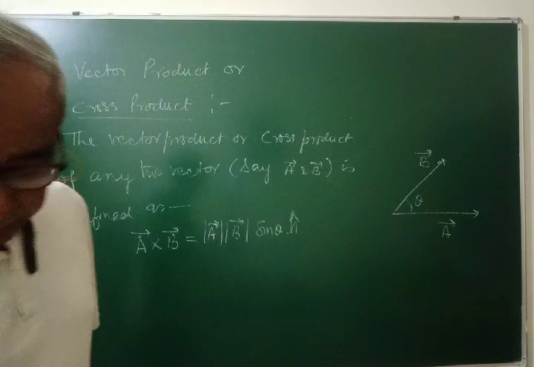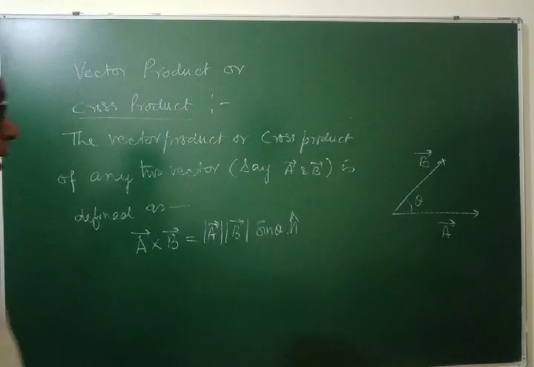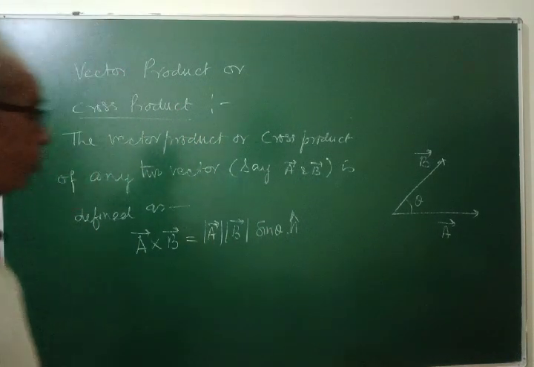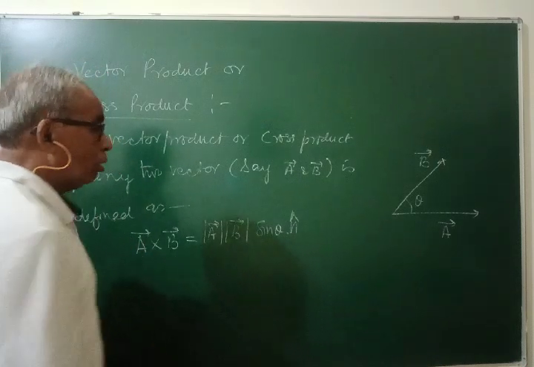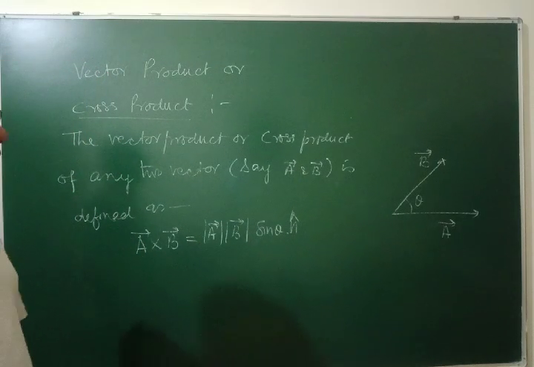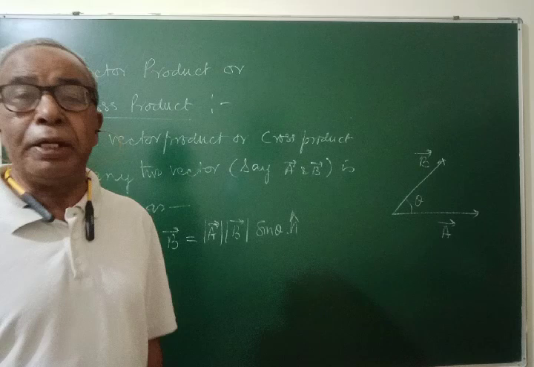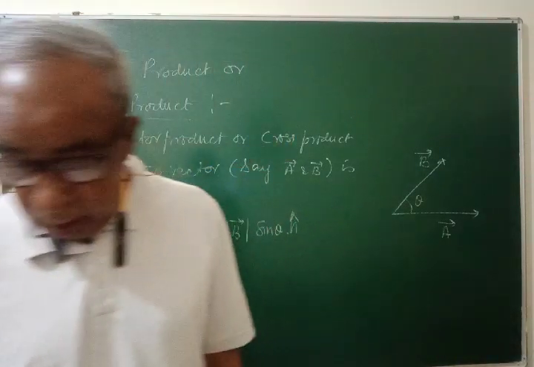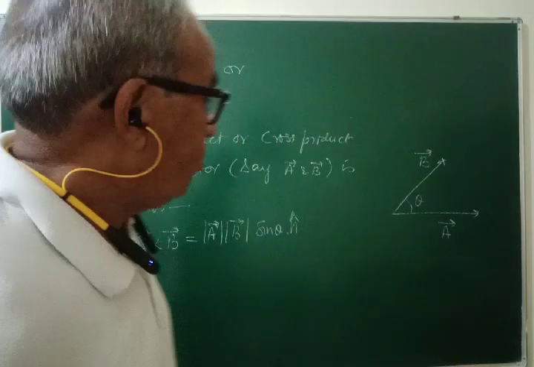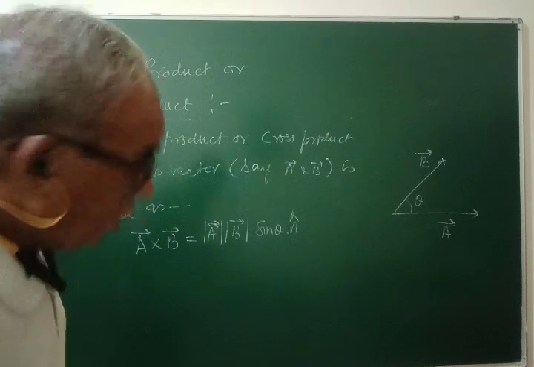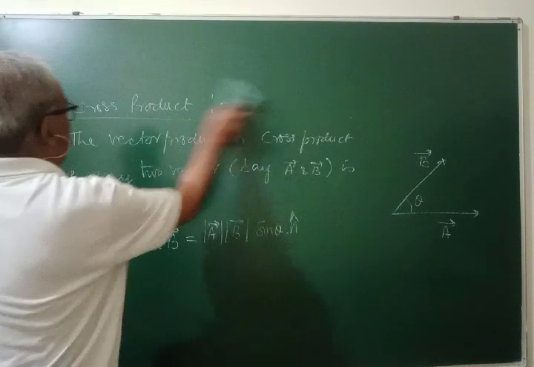What is n cap? Here n cap is a unit vector whose direction is normal to the plane containing vectors A and B. Here it is a little lengthy and people feel it difficult to understand.